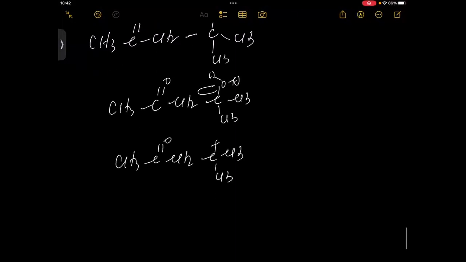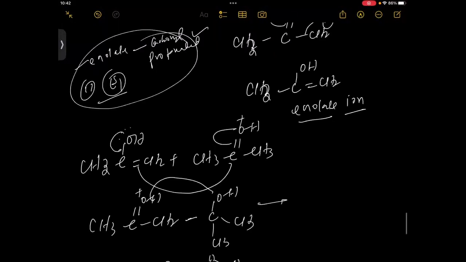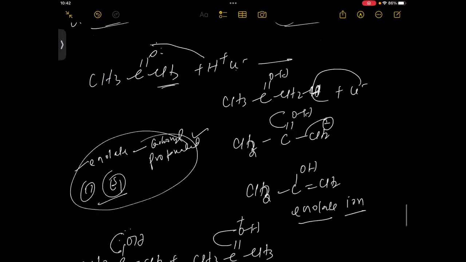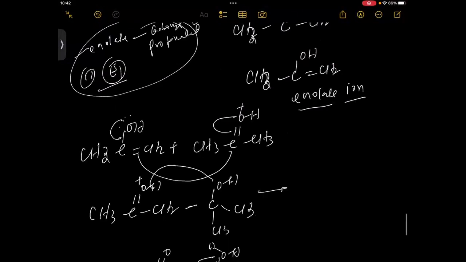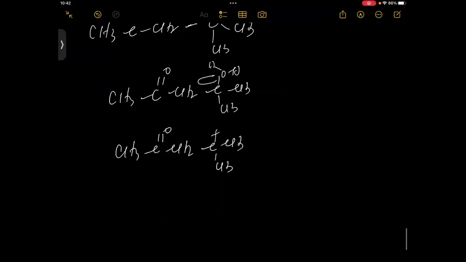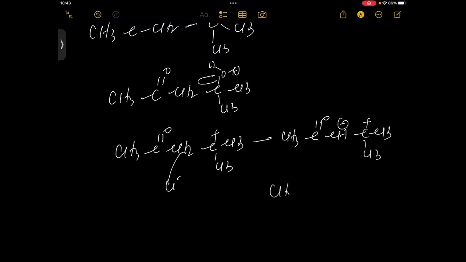Remember that Cl is there. In that part, the Cl will remove a hydrogen, and that will form CH3 C double bond O CH negative C CH3 CH3. Now students, the positive charge is there, and that will form CH3 C double bond O CH C CH3 CH3.